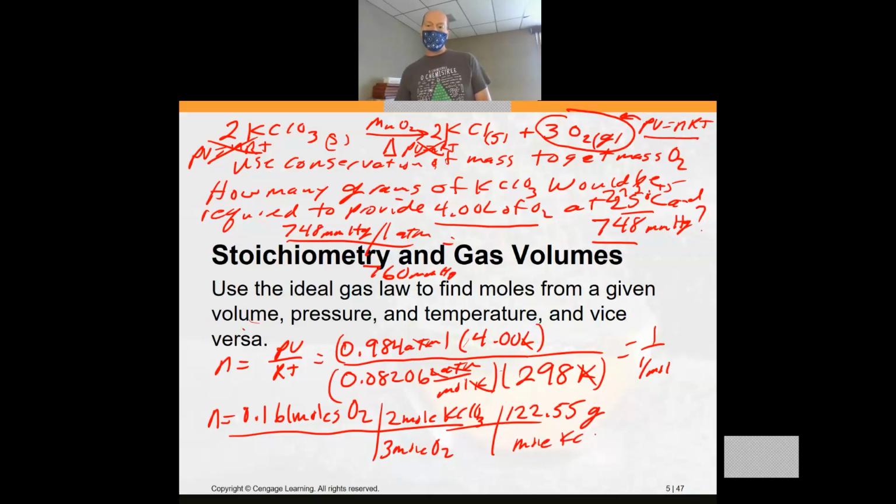So we multiply by 2, divide by 3, and then multiply by the molar mass of 122.55, and we get 13.2. It's almost 13.1, but I got 13.2 grams again here.